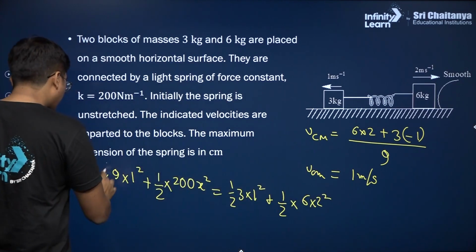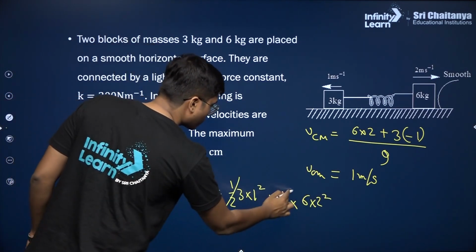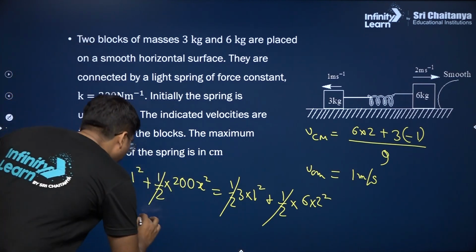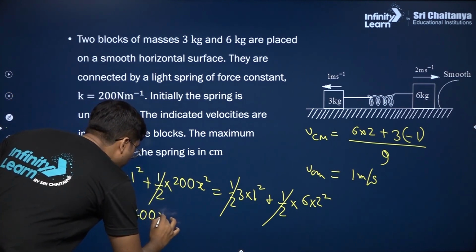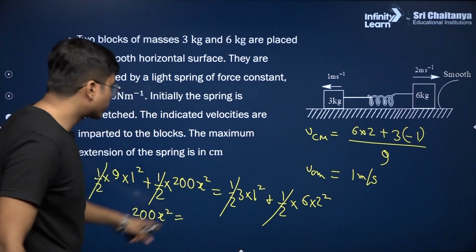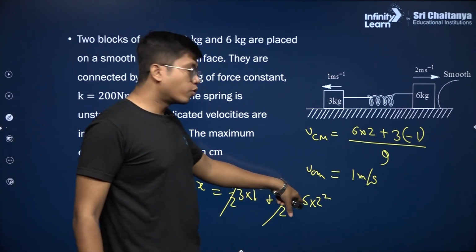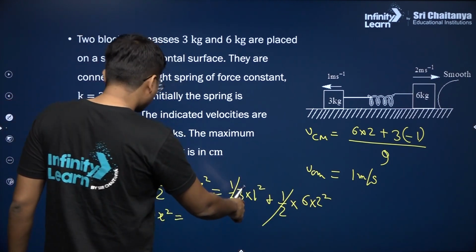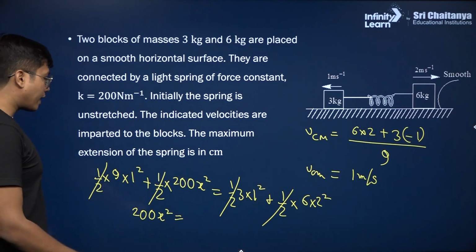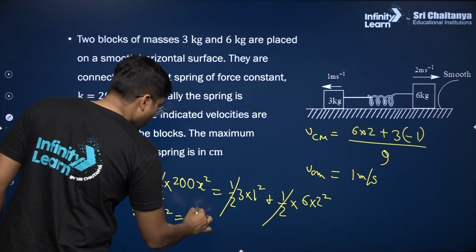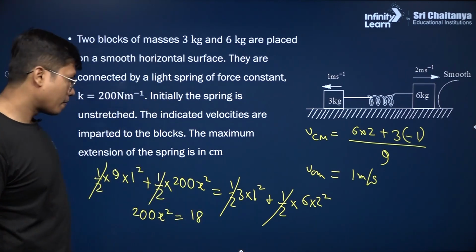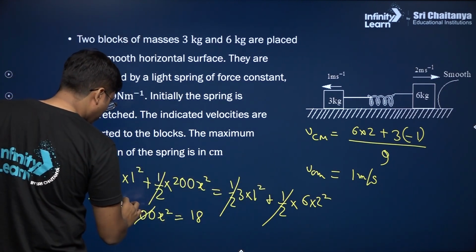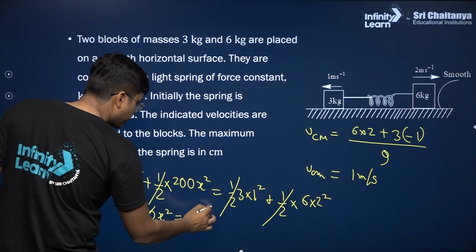First, before you calculate, cancel out all the halves, right? Then you have 9, you have 200x square. So let's write this. You have 200x square is equal to 3 plus 4 into 6, which gives you 24. 24 plus 3 is 27. 27 minus 9 gives you 18. So this becomes 100 and this becomes 9.